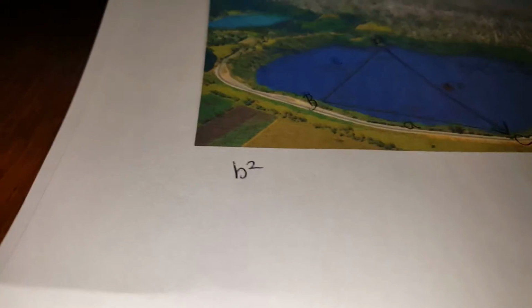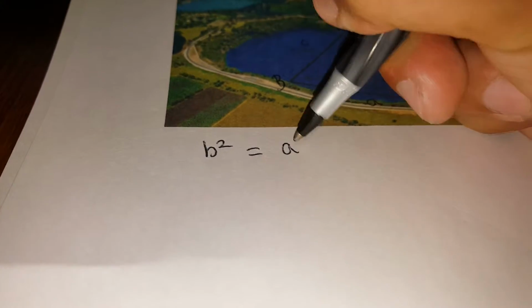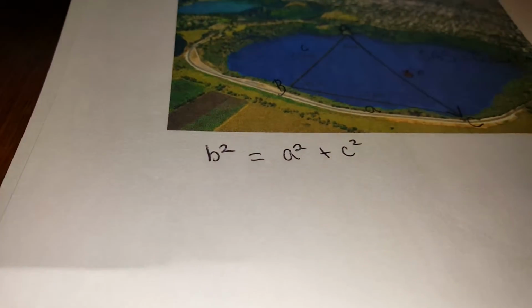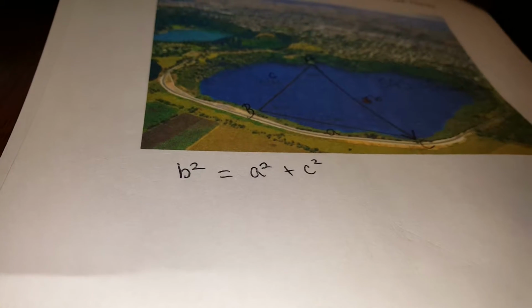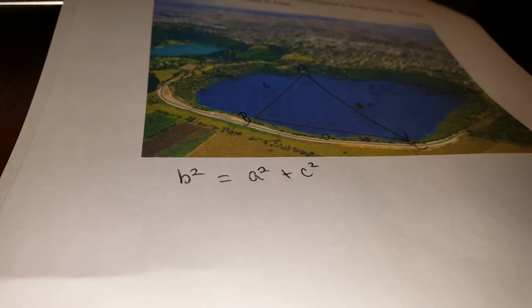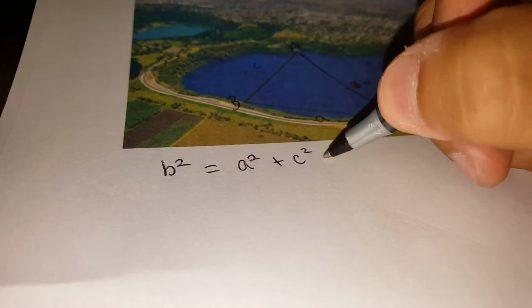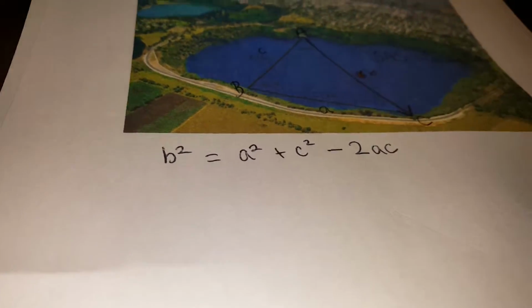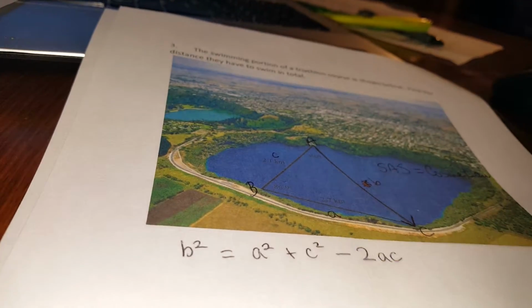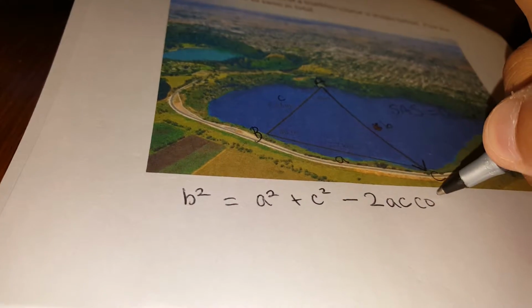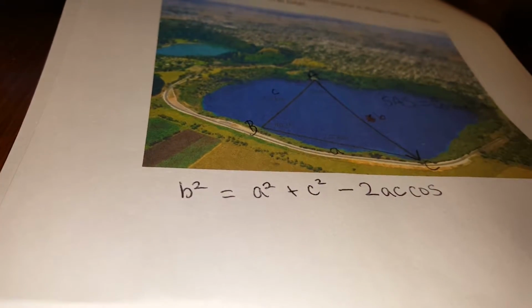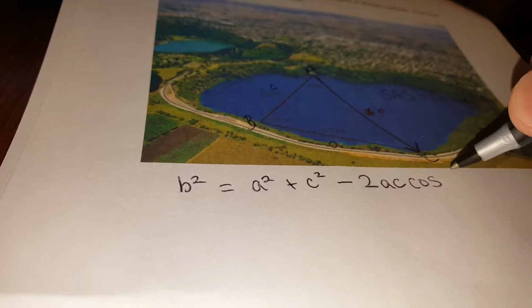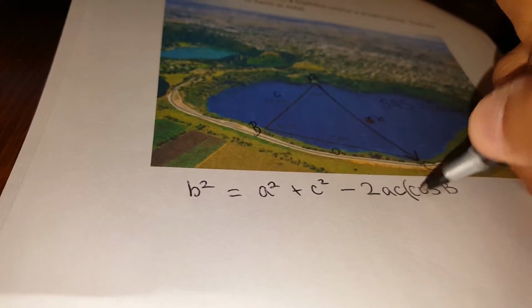So we've got B squared, we're trying to solve for B, equals the other two squared, so A squared plus C squared. It kind of looks like Pythagorean's theorem to start. Minus 2 times the other two sides, so AC, multiplied by the cosine of the angle, which would be B. And I'm going to put that in brackets.